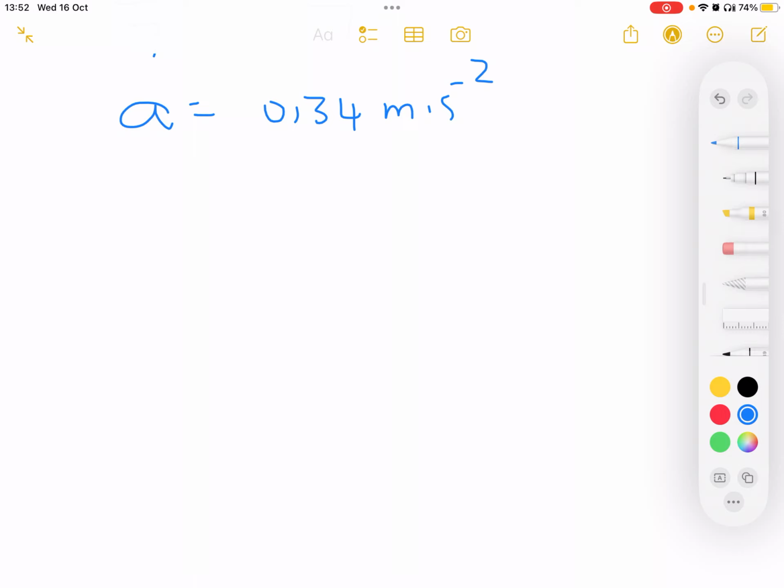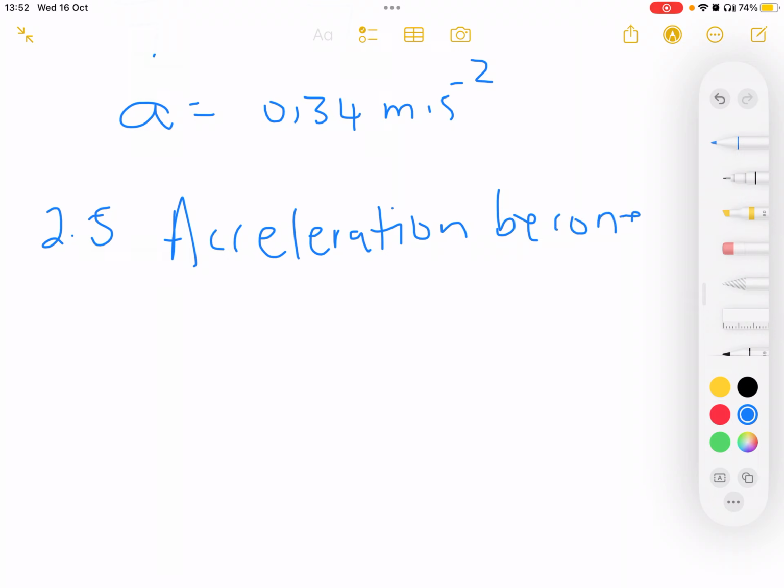Why are we saying that? When the object was already going down, and now you're chopping off something that was restricting it from going down quicker. So in 2.5, you can just say acceleration becomes greater.